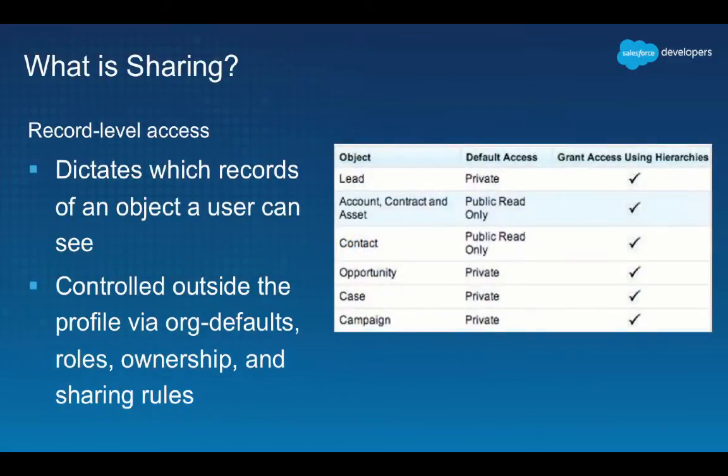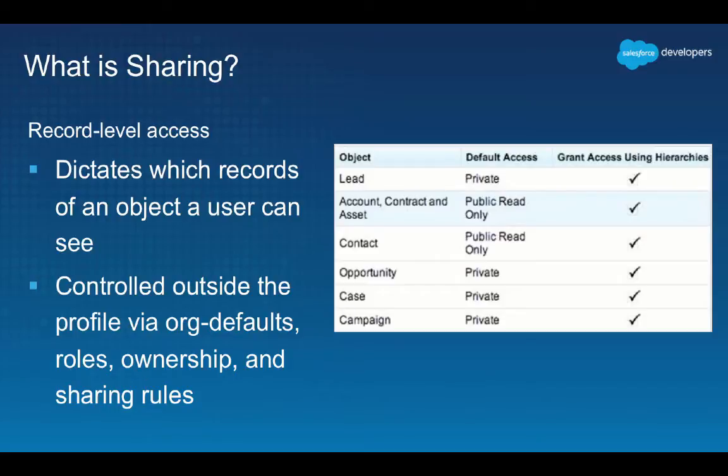What is sharing? Sharing is record level access. So we had CRUD, which was object level, FLS is field level, and sharing is record level, an instance of an object. Sharing dictates which records of an object a user can see. It's controlled outside of the profile via org defaults, roles, ownership, and sharing rules. Here we see what might be our org configuration, and we've set leads default access to private.